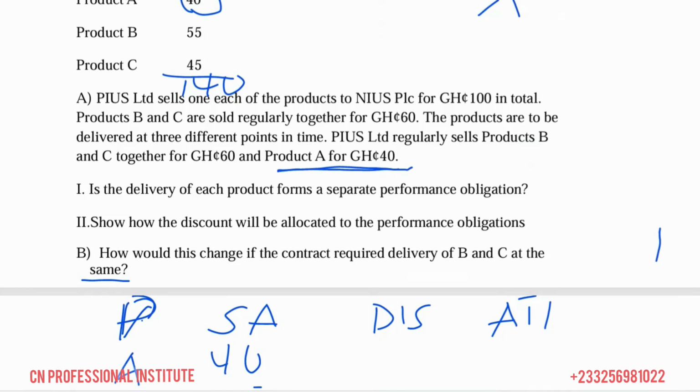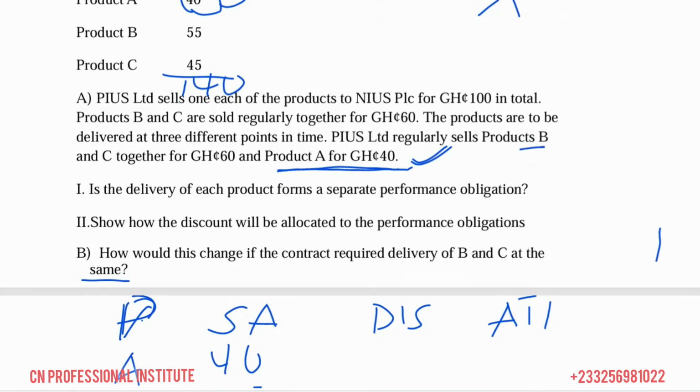So the standalone selling price is the same as the transaction price for A. We normally sell it for 40, and we regularly sell it for 40. So for A, there's no discount.